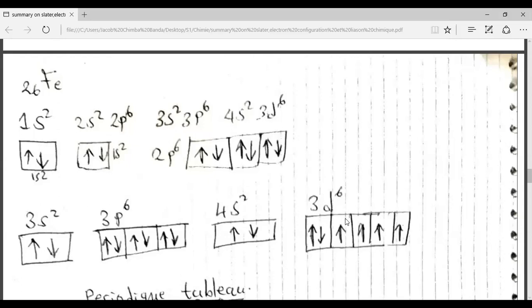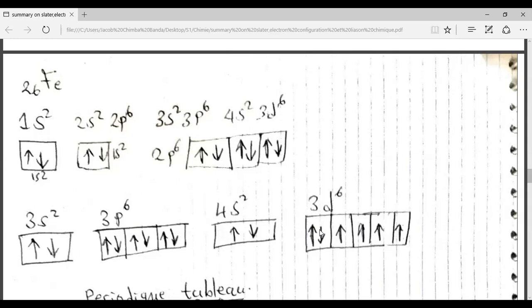This is room 1, room 2, room 3, room 4, room 5. So I'll put 1, 2, 3, 4, 5, but there are 6 electrons, meaning 1 down here. When you're filling, you first start with the up in each room, and after that you go down.